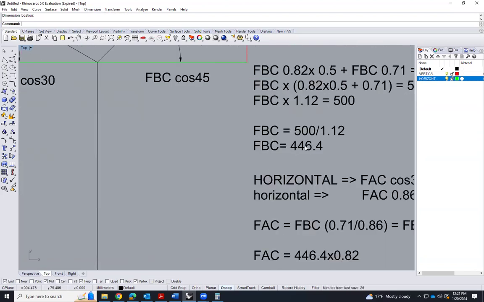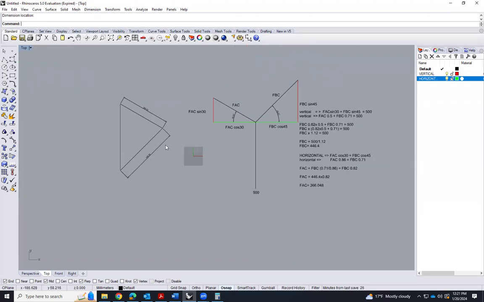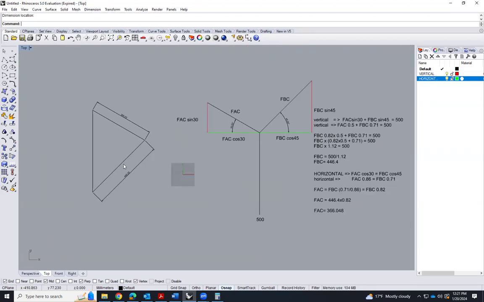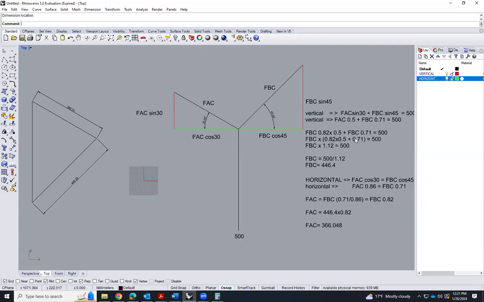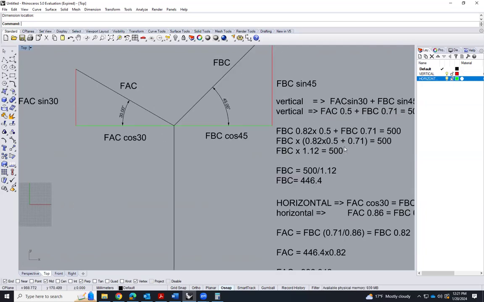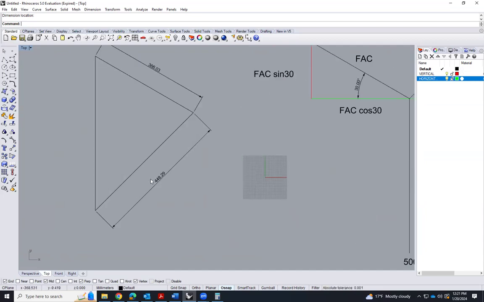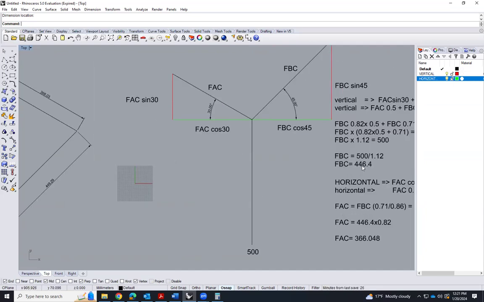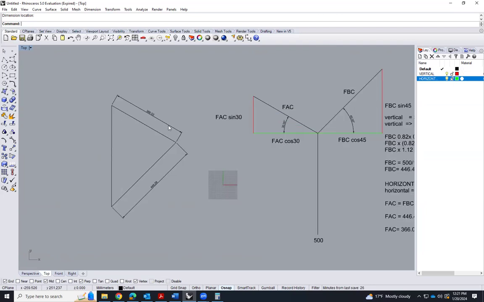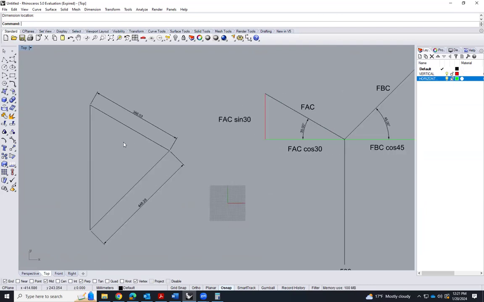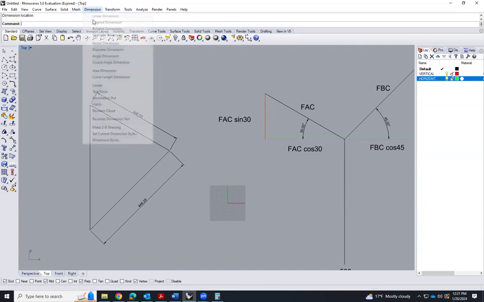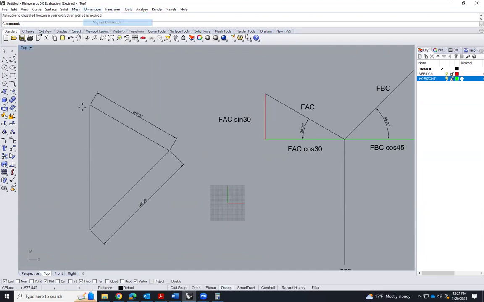Well, this is 446. Well, probably that depends on the decimals. I didn't select the right decimals in these operations, but it's quite similar, 448 and 446. Okay, so in architecture, this is not a big mistake. And the dimension of this line should be 500, I hope.